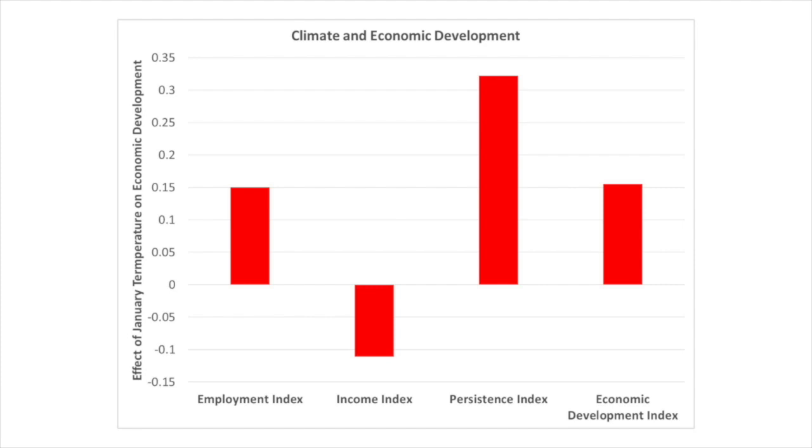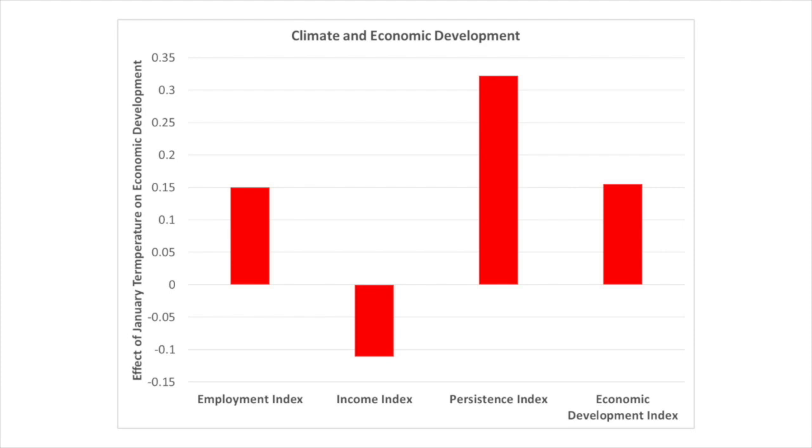The last bar, labeled as Economic Development Index, tells us that a 1 standard deviation increase in a metropolitan area's average January low temperature corresponds with about a 0.15 standard deviation increase in the Economic Development Index. The bars are shaded in red to indicate results that are statistically significant.